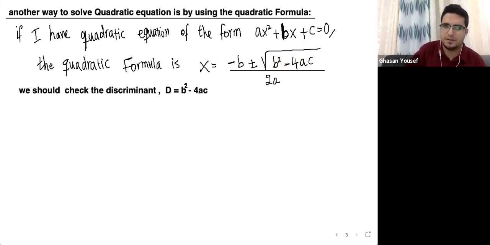This is very important. This one inside is my D, the discriminant.